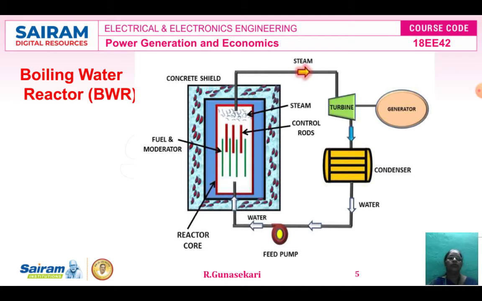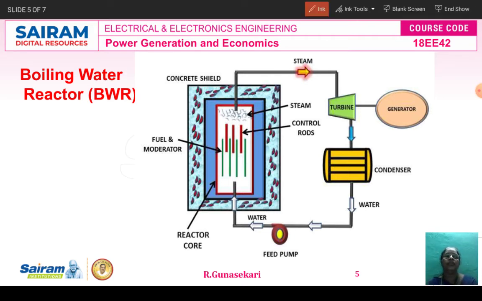Students, now we studied all the components of the boiling water reactor, which materials are used to make the components, and the working function of the boiling water reactor. Now you see the diagram. If I explain now, you can easily understand.